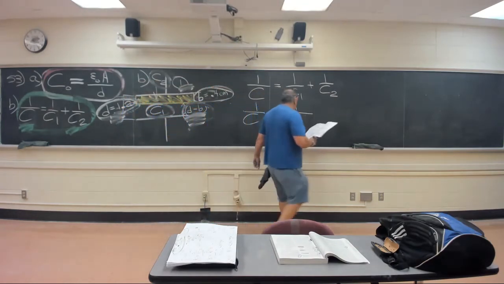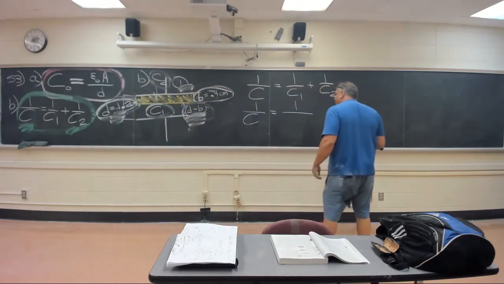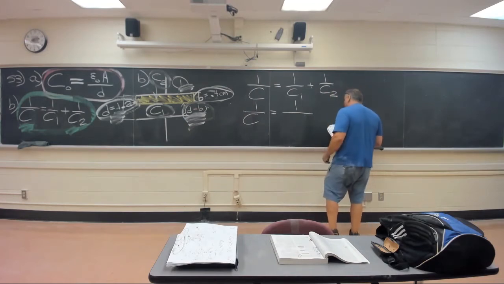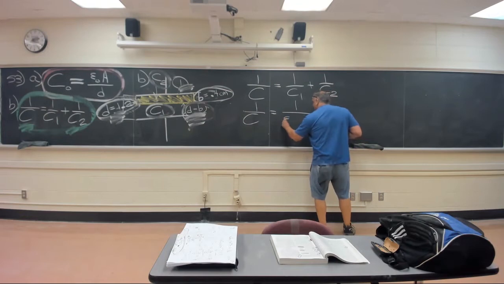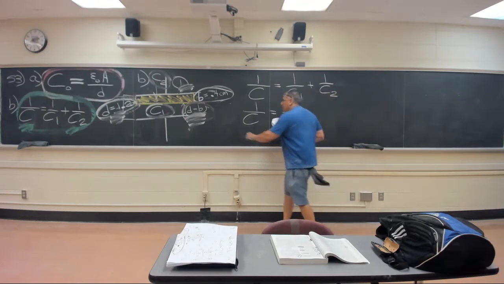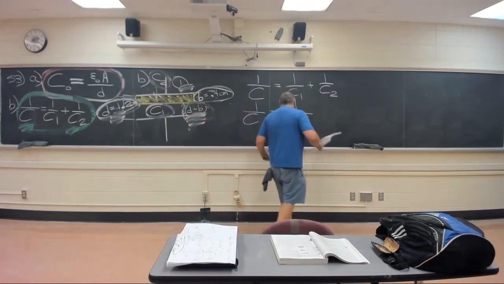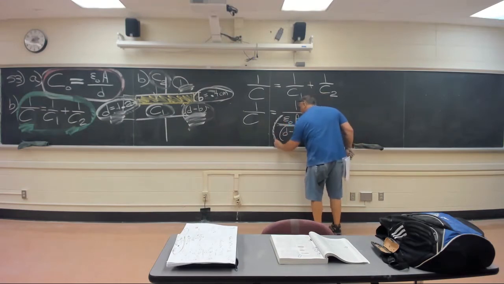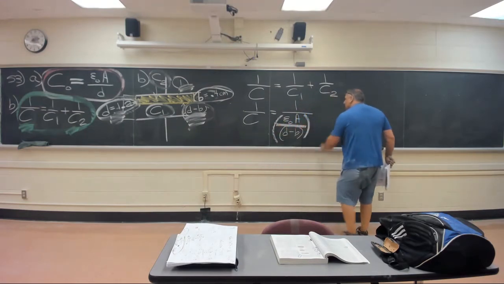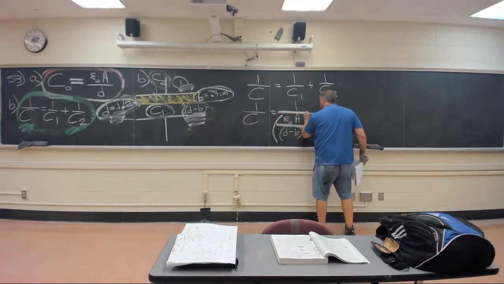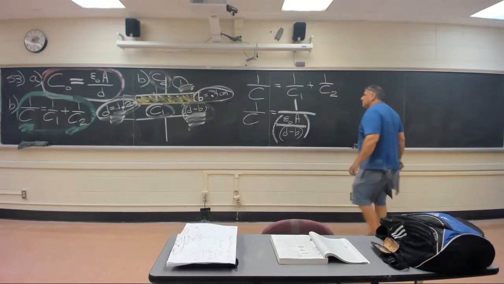In this scenario, you're going to go 1 over, and what do we got? We got epsilon naught A over the separation here, which is D minus B. Okay.